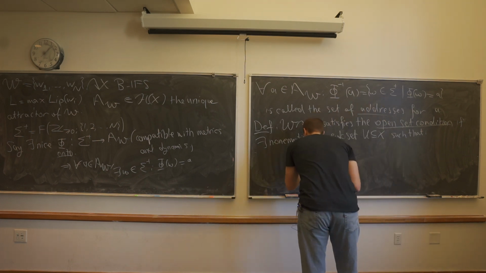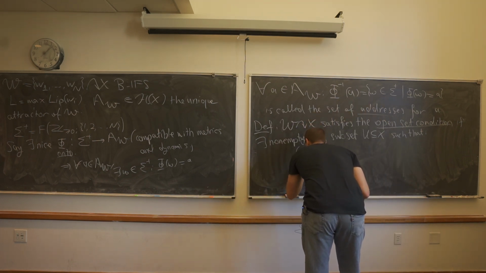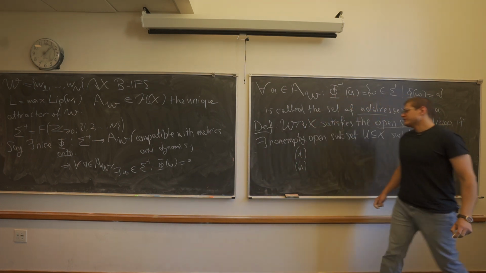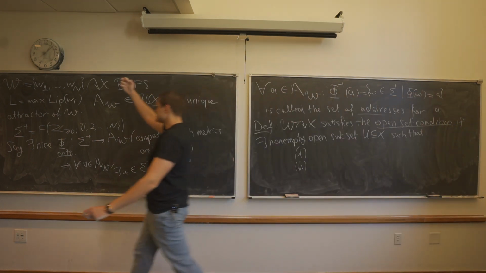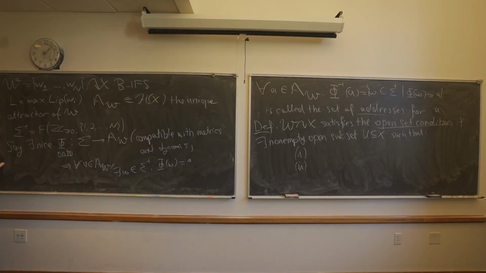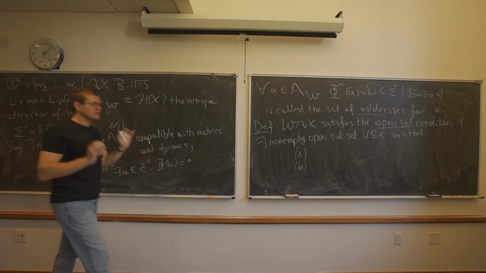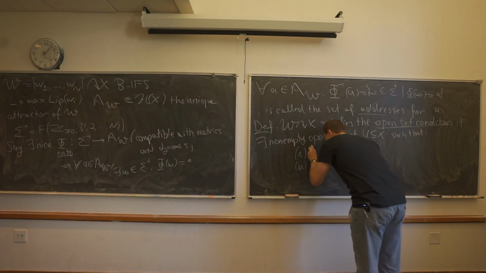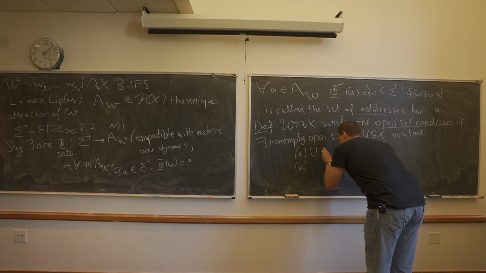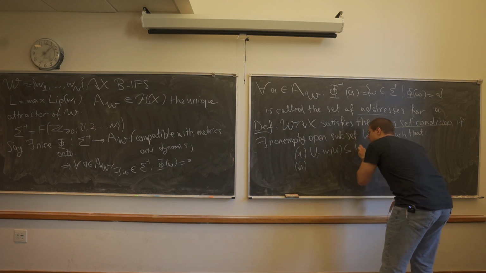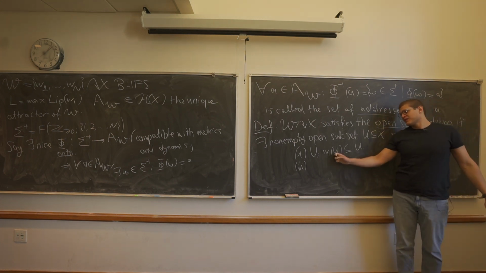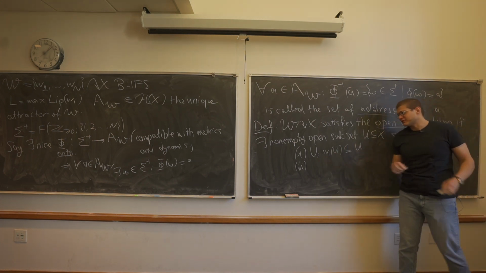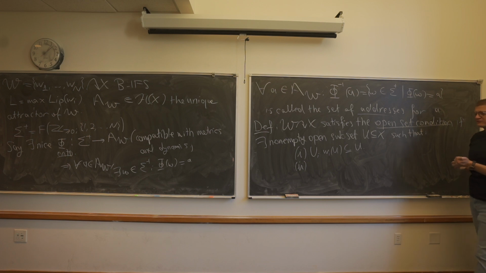The first condition is that if I take U, apply each and every single one of my contractions to this U, and take the union, that union has to be inside U. So this left-hand side is almost like the Hutchinson operator, except that the Hutchinson operator is not necessarily defined on open sets. We define it on compact sets.